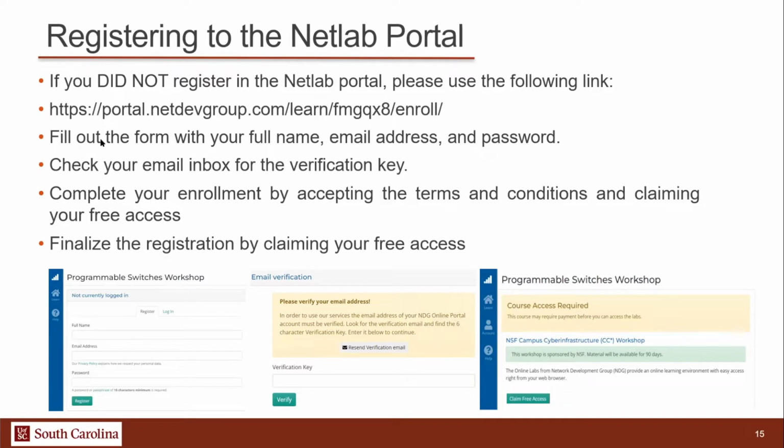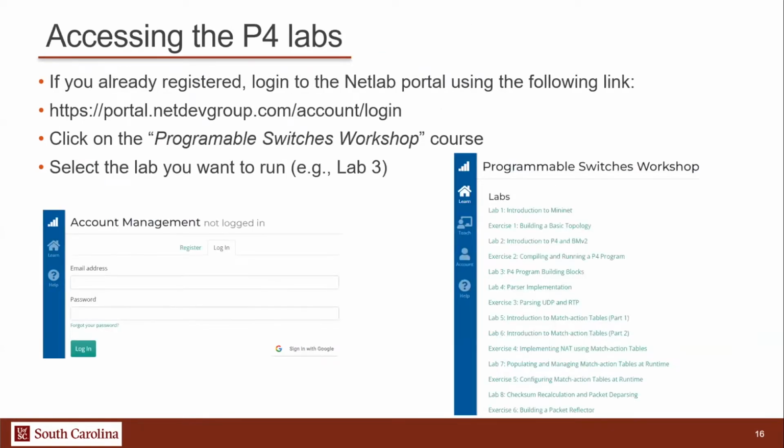Basically you just go there, you have to fill a form, and then you're going to receive a verification key to your email. Once you're there, you're going to complete the enrollment and accept the terms and conditions. Then you'll be able to claim free access and start using the platform. Now, if you already registered before, all you have to do is log in, okay?